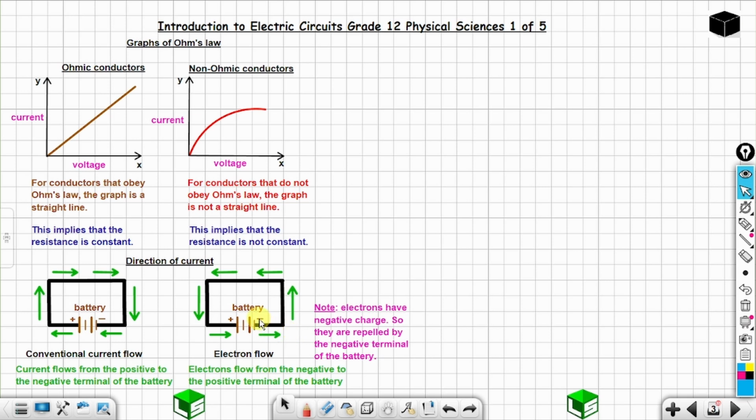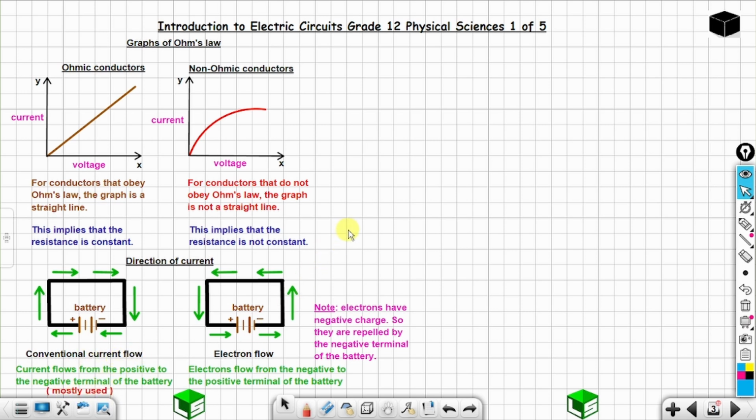Negative and negative, they repel. So, this is why you have electrons flow from the negative terminal. They are repelled. We are going to use conventional current flow most of the time.